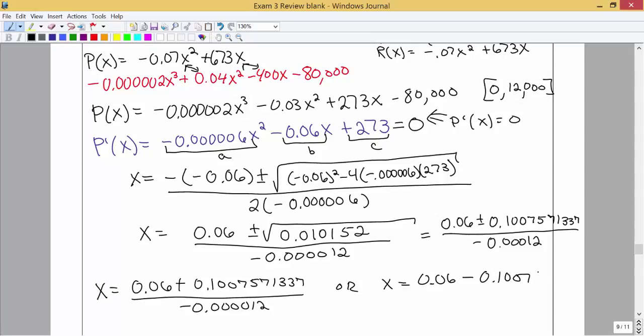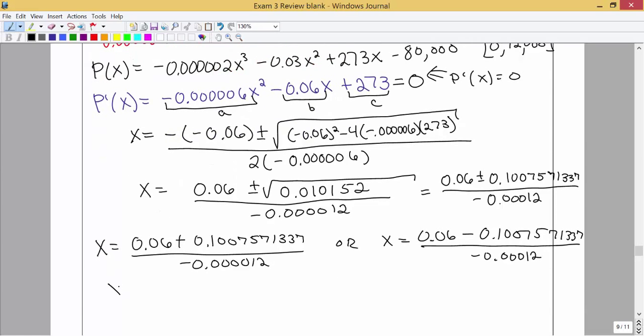So we're going to separate it with that plus and minus. And we put those values both into your calculator, and one of them gives you x is equal to negative 13,396.43. And then one gives you x is equal to positive 3,396. We're going to go ahead and round there to the nearest whole number.